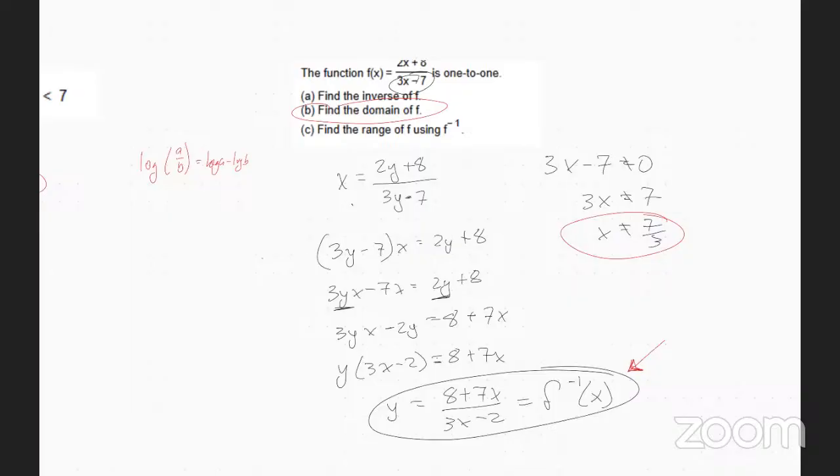So let's find the domain of f inverse. X cannot equal 2/3, right? So the range would be that y cannot equal 2/3. This is for f. This is for f inverse. Got it? So that's how you do that problem.